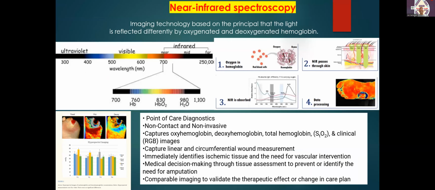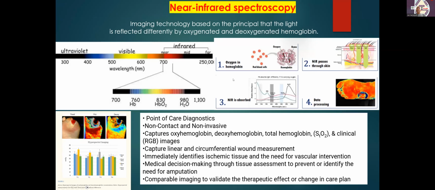The other better technology is near infrared spectroscopy, in basically the 700 to 1100 range. Near infrared spectroscopic light is used, wherein it can be used as a point of care diagnosis.